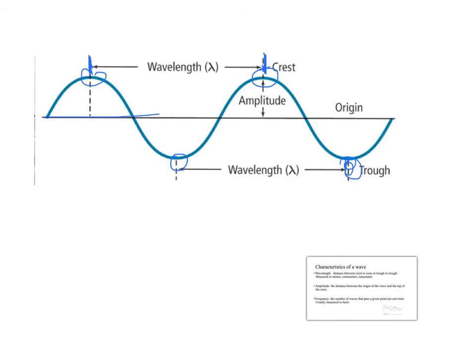The center line is the origin, and we can measure amplitude, which is the distance from the origin to the top of the crest, or from the origin to the trough. Wavelength is symbolized by the Greek letter lambda, and can be measured in meters, centimeters, or nanometers.